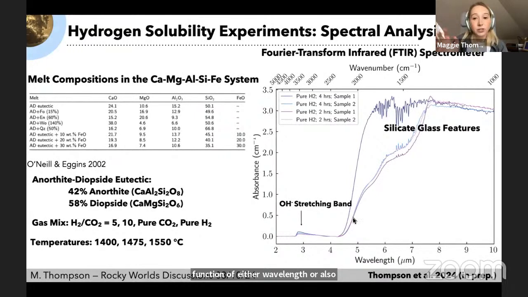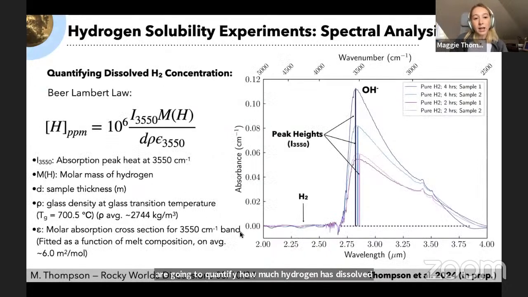The main features that you'll see are these silicate glass features above around 5 microns or so. The main feature that we really care about and want to measure is this small little bump, just shortward of 3 microns. This is due to the OH stretching band. And this is the way that we quantify how much hydrogen has dissolved in our glass samples. We can apply the Beer-Lambert law to actually get a concentration of hydrogen.